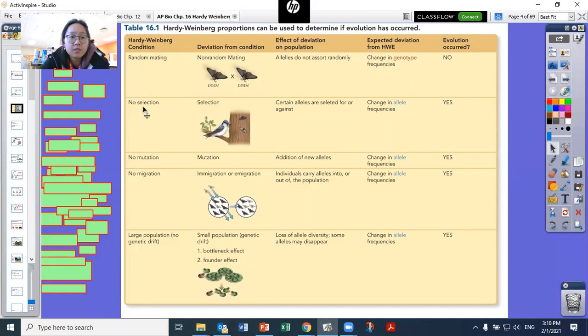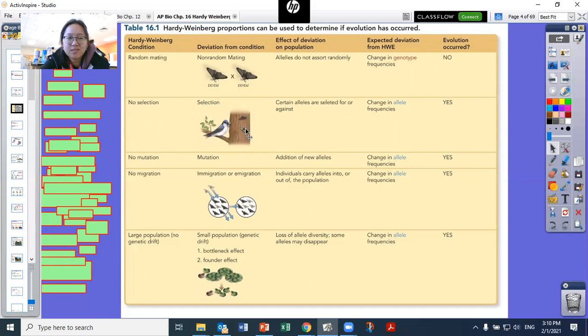The next Hardy-Weinberg condition will be no selection. That means the environment or nature is not causing one type, one allele or one physical trait to survive better than another. And obviously, the deviation from that condition is going to be selection. In this picture, you can see that when the birds are looking at these moths, one is easier to see than the other.